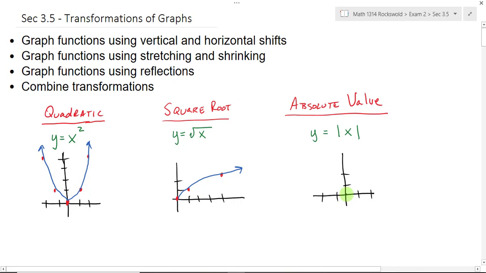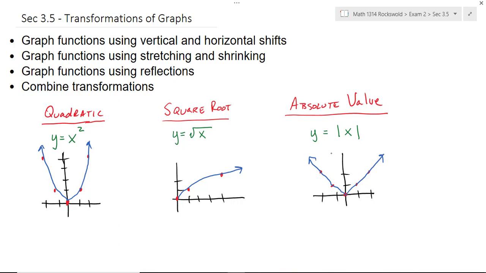For the absolute value function, the absolute value of 0 is 0, the absolute value of 1 is 1, the absolute value of 2 is 2, the absolute value of negative 1 is 1, the absolute value of negative 2 is 2. And when we connect these points with a straight line, we get this V-shaped graph that represents the absolute value function.